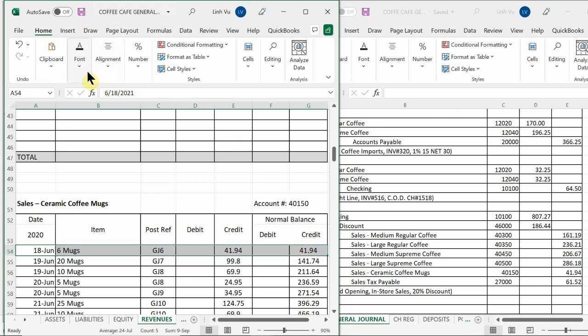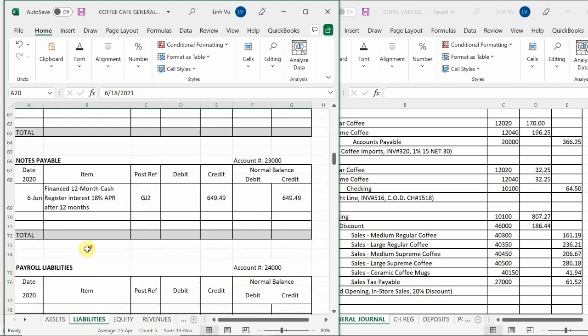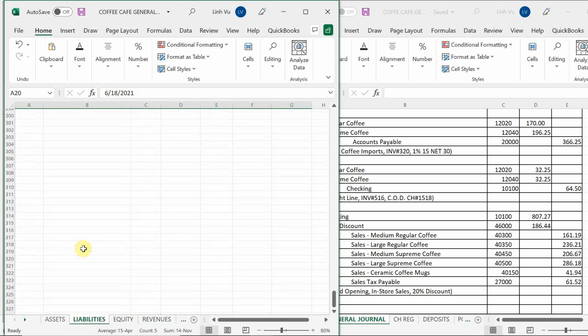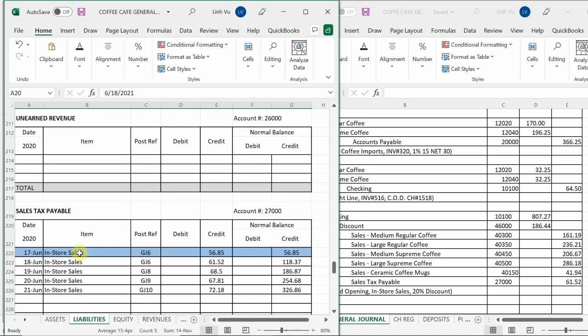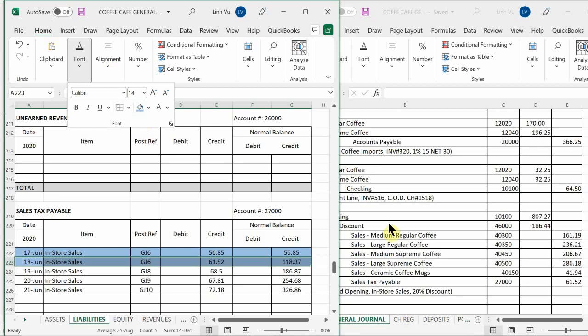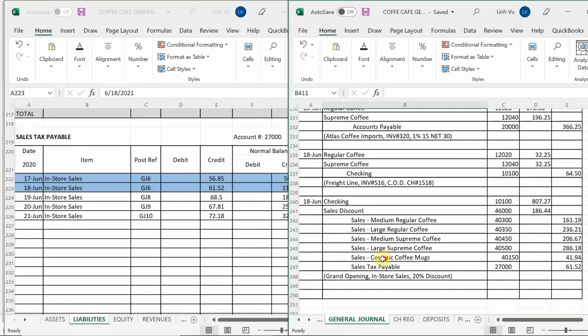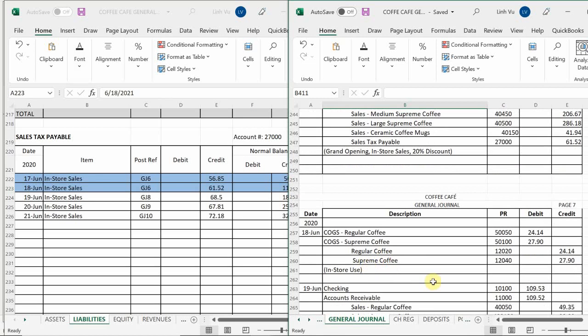Okay. That is also correct. Okay. And then we had sales tax. Sales tax for the 61.52. Okay. We should have cost of goods sold. Okay. For the 21 and 27. I'm sorry, 24 and 27.